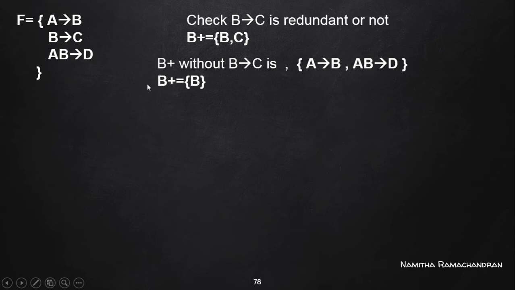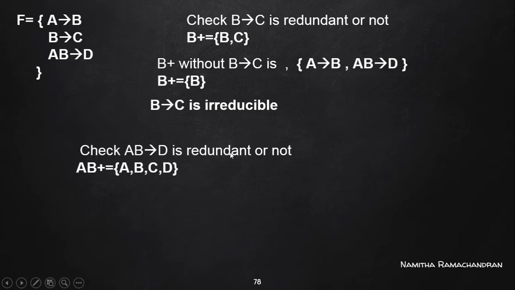Without B implies C, the B closure contains B only. This closure and the earlier closure are not equal here. That means B implies C is not redundant, or it is irreducible. We can't eliminate B implies C from the set.